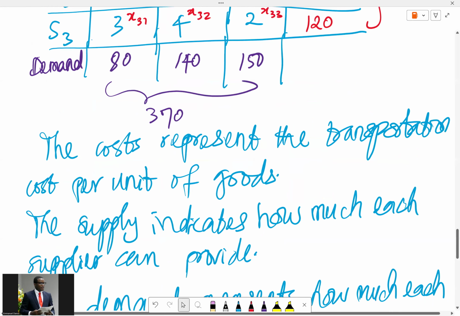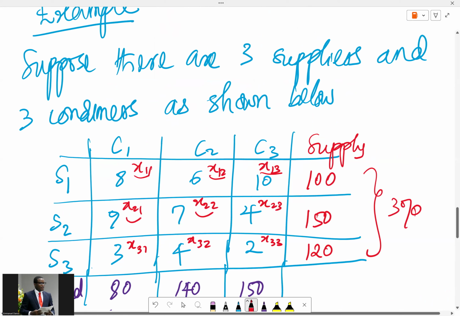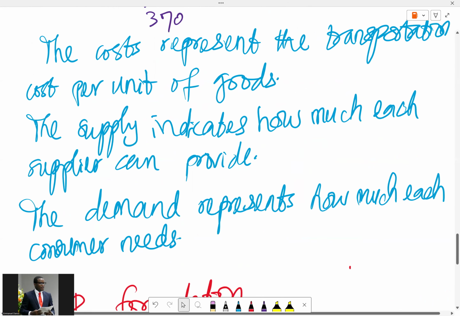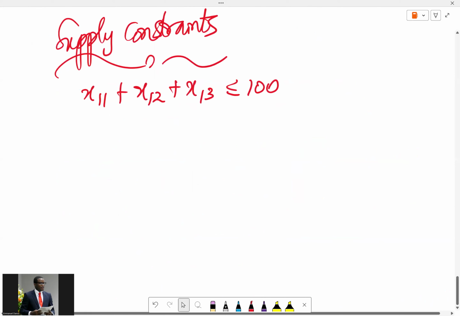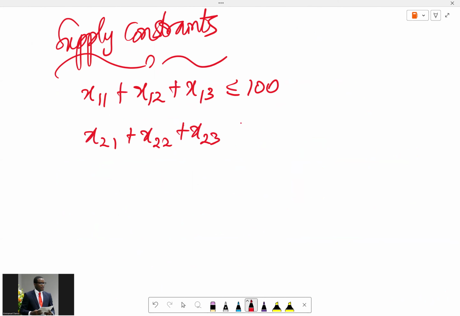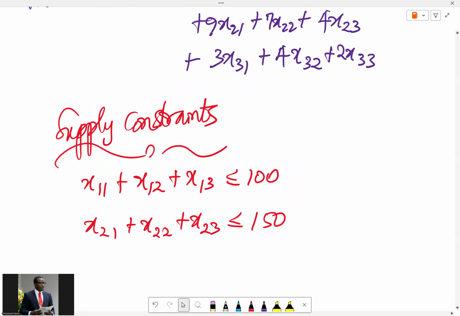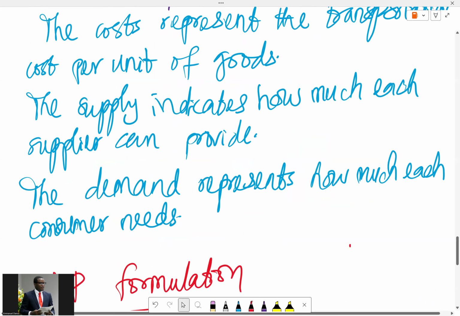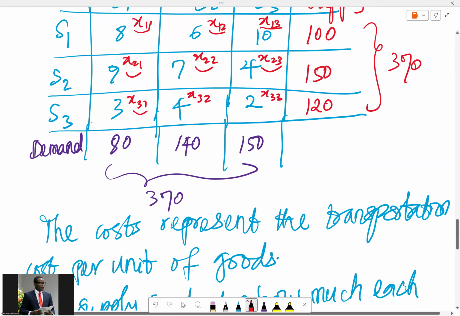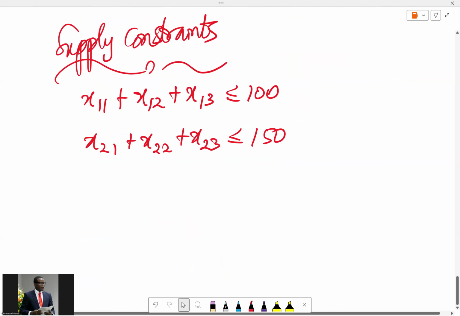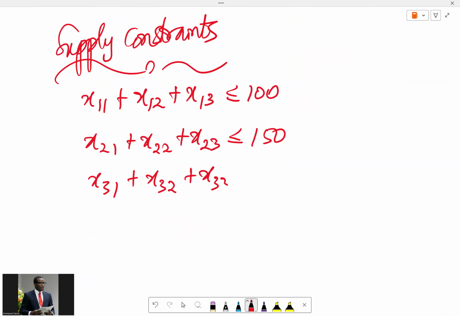And then if you look at the second row, x21 plus x22 plus x23 is less than or equal to 150. Then in the third row also, x31 plus x32 plus x33 is less than or equal to 120. So that's about the supply constraints.